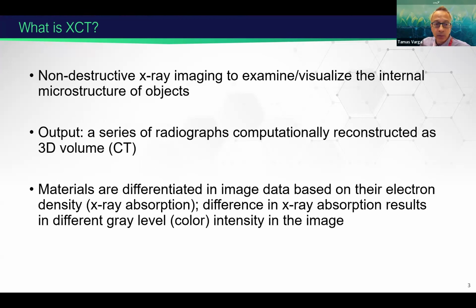In the CT images, the components are differentiated based on their density, specifically electron density, which is related to their X-ray absorption. Heavier elements with more electrons absorb more X-rays. Since this is a transmission technique, we detect the X-rays that are not absorbed, that went through the material. The difference in X-ray absorption results in different intensity on the detector and in different gray scale intensities in the images.